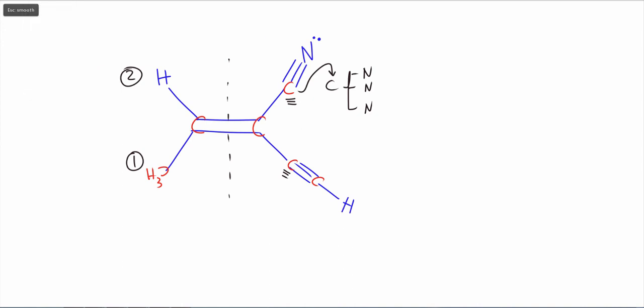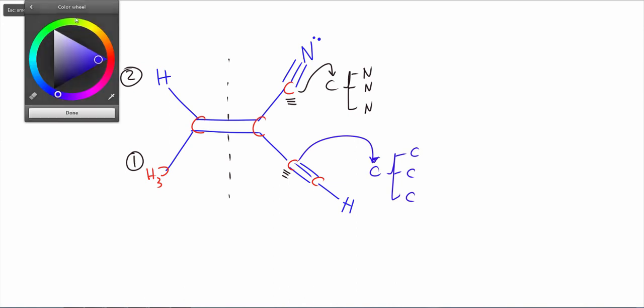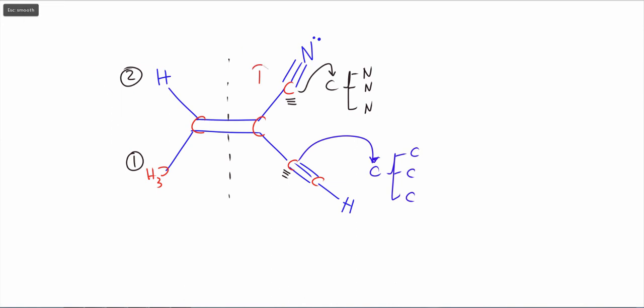Now, this carbon, which is here, is triply bonded to a carbon, so it's going to be C, C, C. Now, nitrogen has an atomic number of 7, which is greater than carbon's atomic number of 6. So 3 N's beat out 3 C's. So this is going to get position 1. This is going to get position 2.